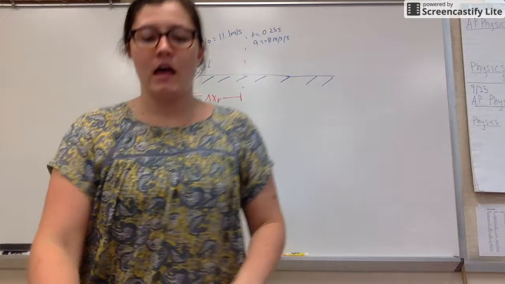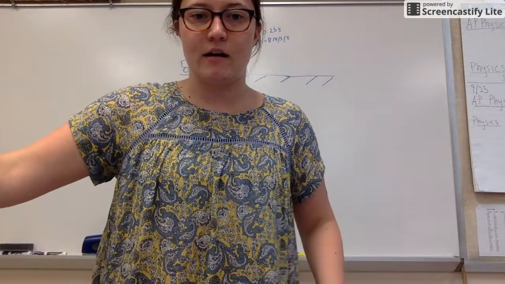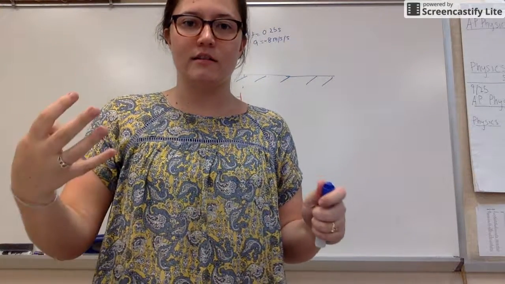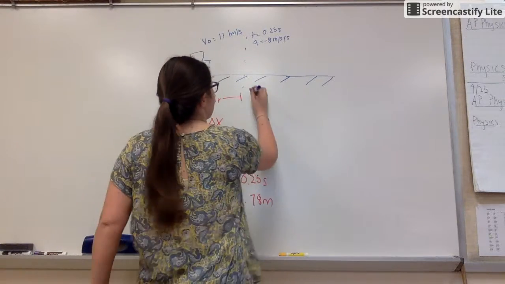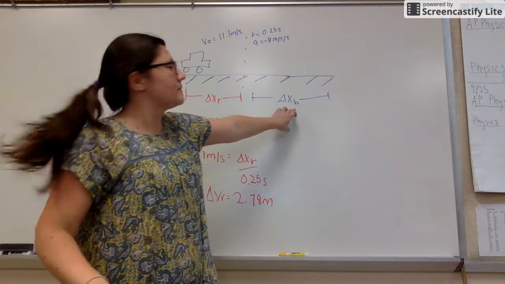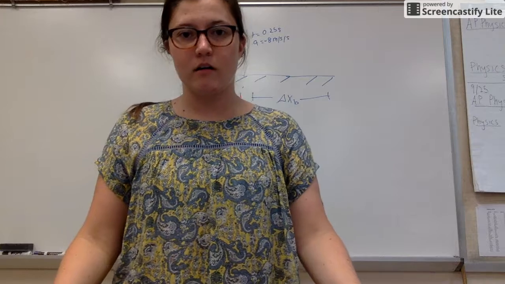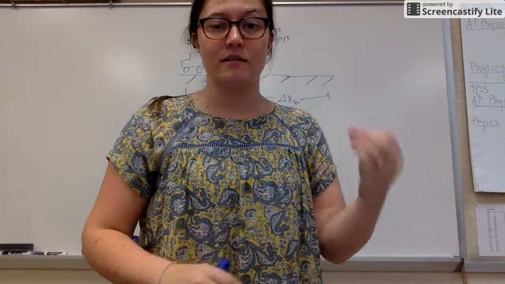Okay, so we found out how far our car is going to travel before we hit the brakes. Now we need to take into consideration the constant deceleration rate, so we're going to use our big 4 constant acceleration equations to find our delta x. That sub b means braking, so the amount of displacement our car needs in order to brake and reach a velocity of 0.